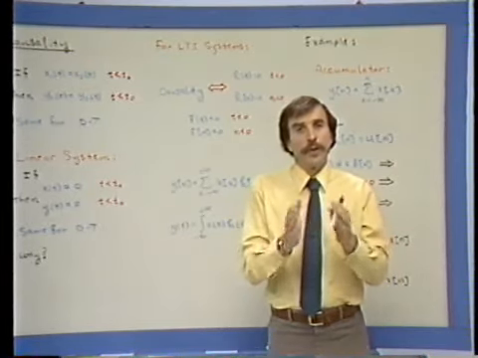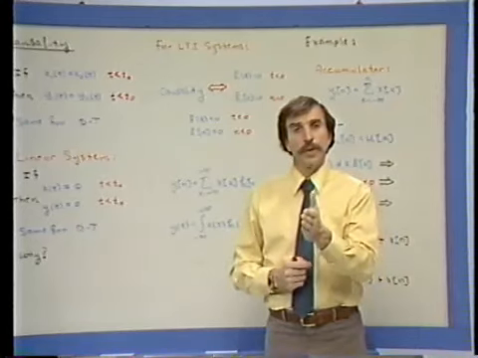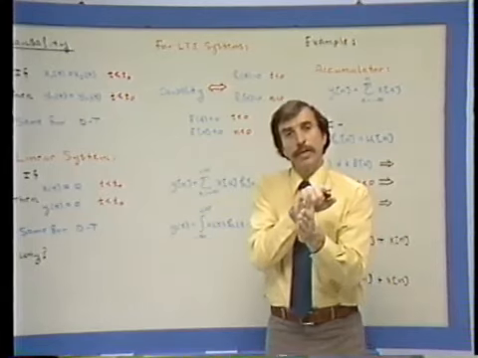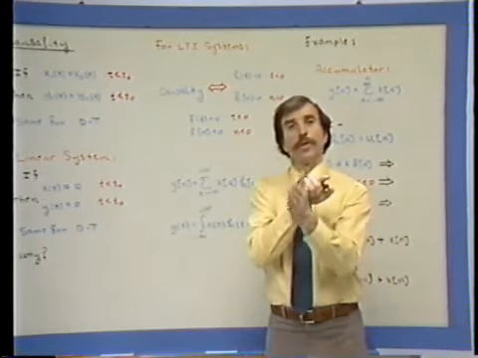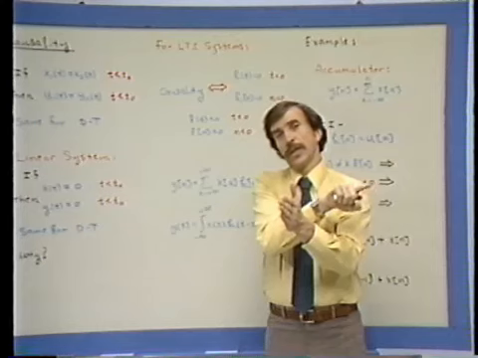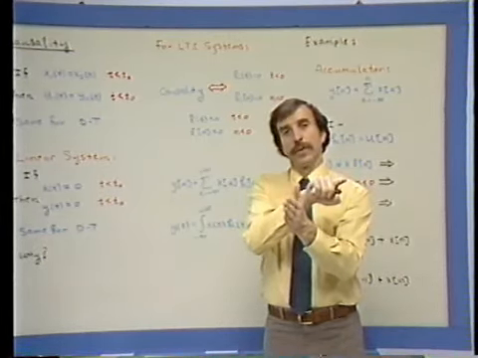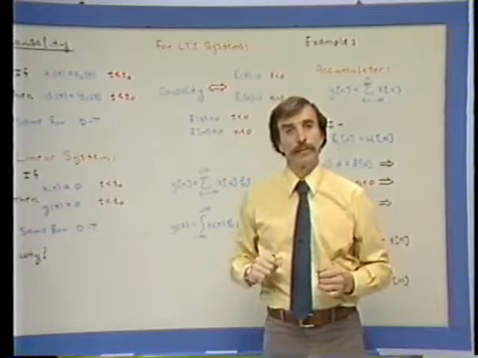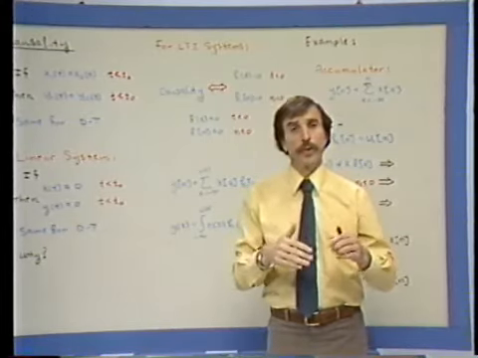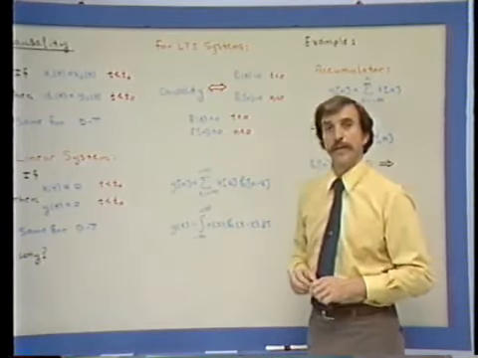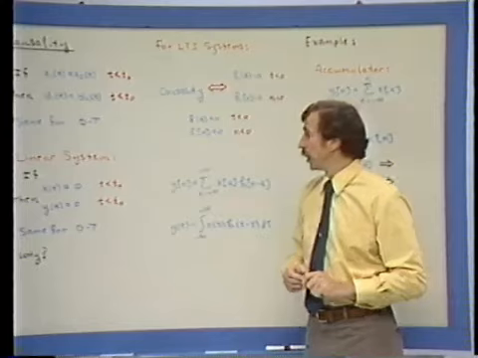If we have an input that's 0 for t less than t0, and the system can't anticipate whether that input is going to change from 0 or not, then the system must generate an output that's 0 up until that time, following the principle that if two inputs are identical up until some time, the outputs must be identical up until the same time.